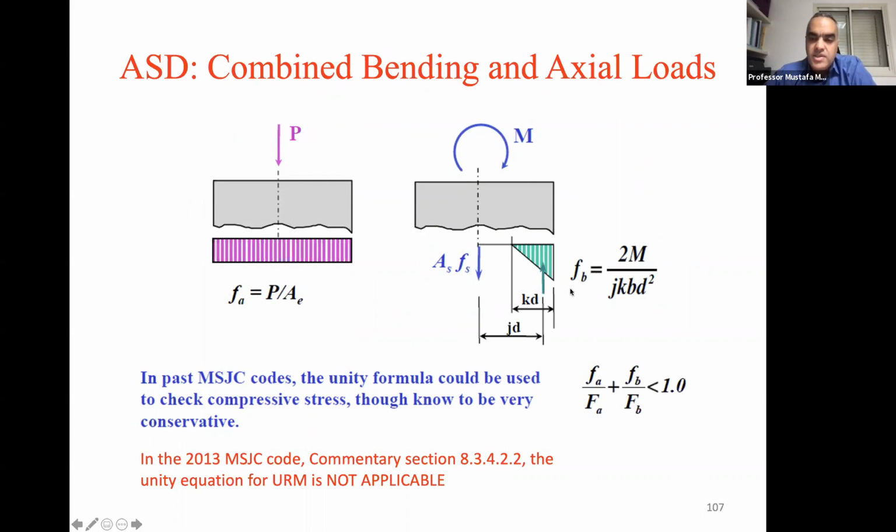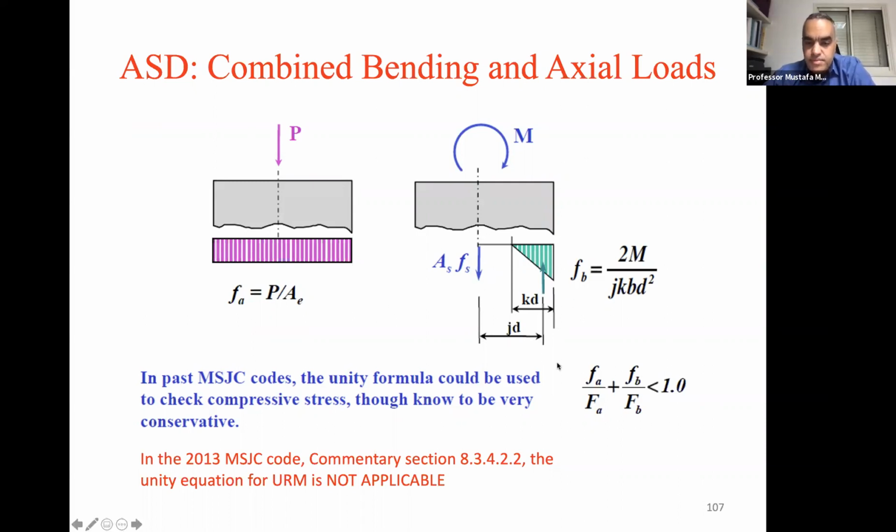So the stresses here due to bending is F sub B. Here we have F sub S. So the K, D, and JD that we talked about before in the case of the beam, they all apply, okay? Except that here we don't care about F sub T as in unreinforced. This is ignored completely. We have reinforcement now, so all the tension is taken by the reinforcement. That's the difference from the unreinforced, okay?